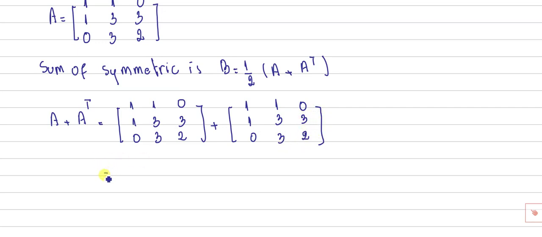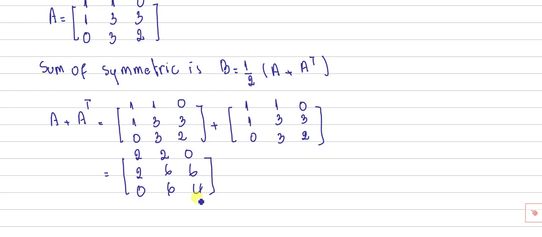So it's equal to 2, 2, 0, 2, 6, 6, 0, 6, 4.